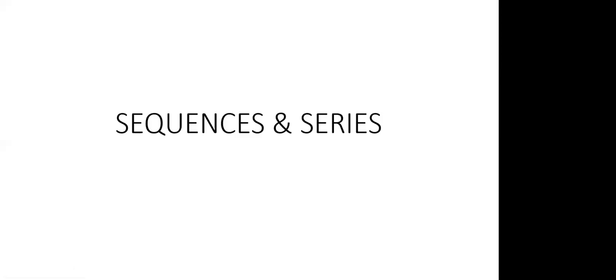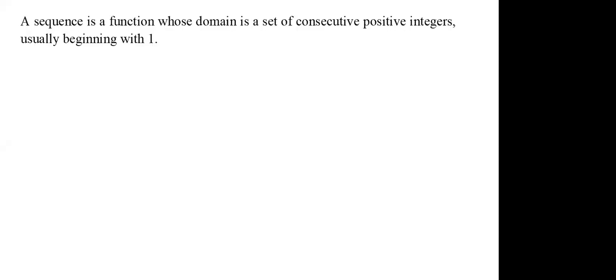Now, sequence and series, there are two words that they use almost together. When you say sequence, a sequence is a function whose domain is a set of consecutive integers, usually beginning with 1. You can be given a function, and that function will define a sequence.